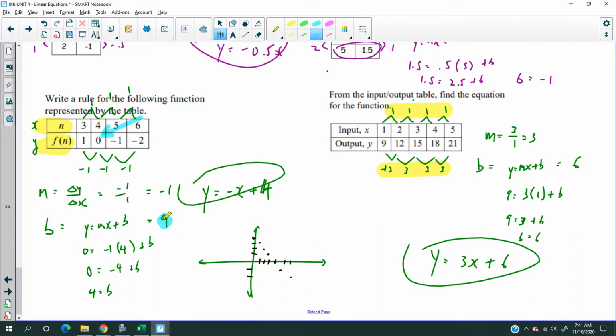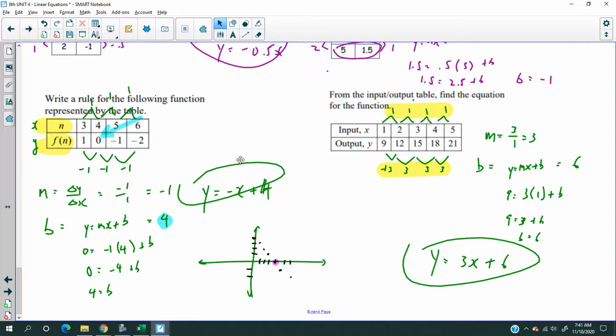No. You got lucky, okay? Because watch this. I actually graphed it out, roughly. And what you'll realize is that 4, 0 is right here, okay? That's 4, 0. That's not the y-intercept. That's the x-intercept, right? We're looking for this.